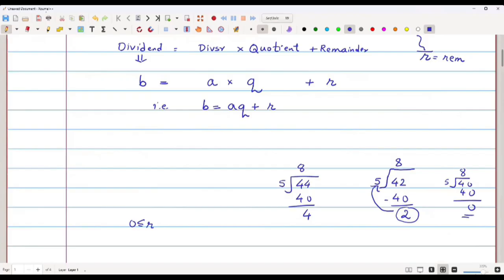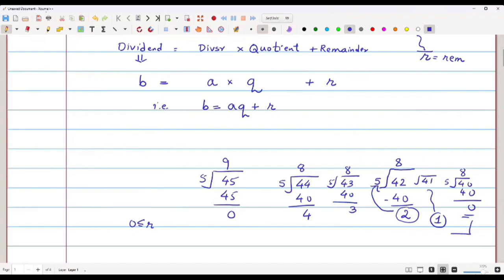It can be 0, 1, 2, 3, or 4. But the remainder cannot be 5, because if I divide 45 by 5, I get 5 nines are 45, and the remainder is again 0. So the remainder for 40 is 0, for 41 it is 1, for 43 it is 3, for 44 it is 4, and for 45 it is 0.